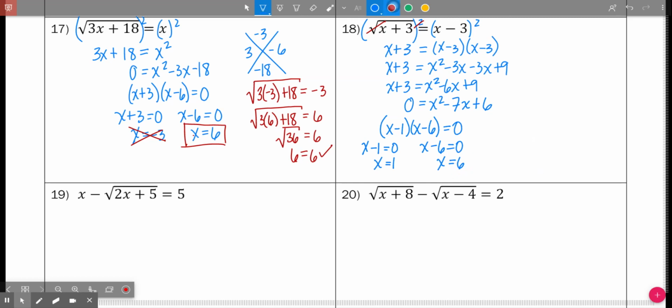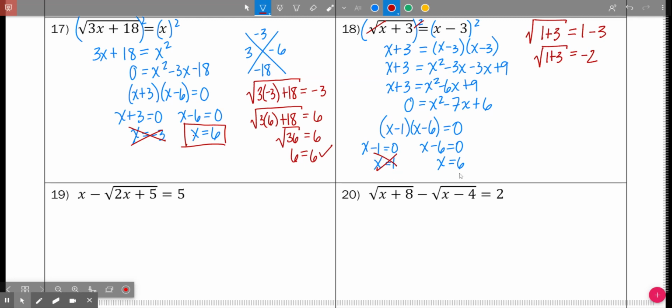So we substitute back into the original equation, and I have the square root of 1 plus 3 has to equal 1 minus 3. So the square root of 1 plus 3 has to equal negative 2. Well, this is not possible.